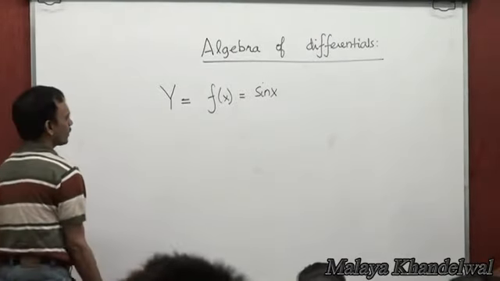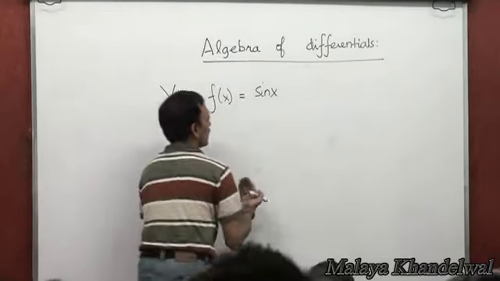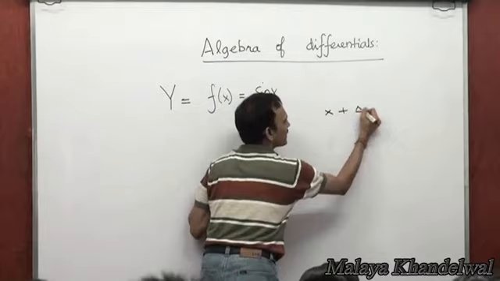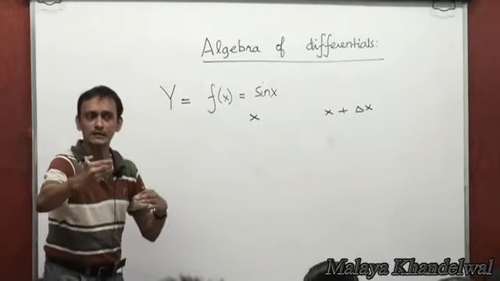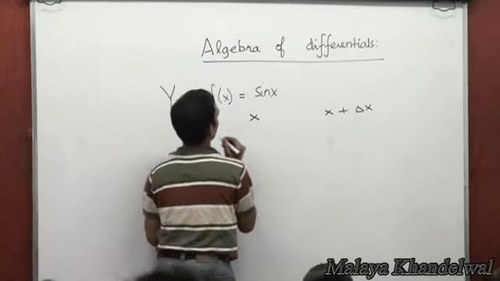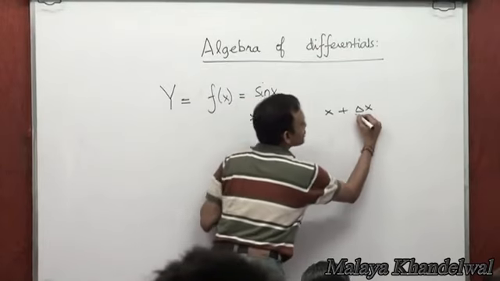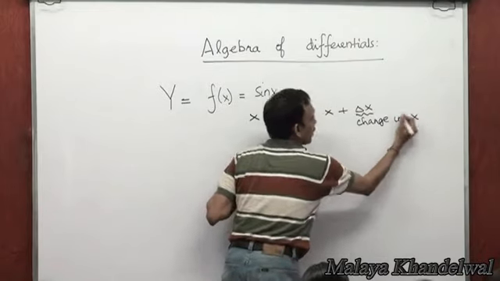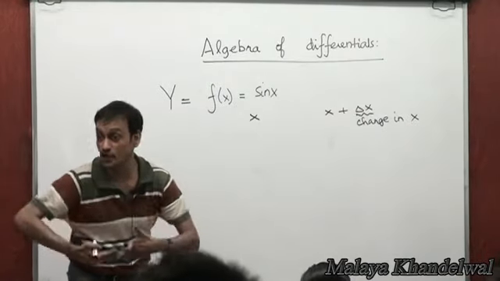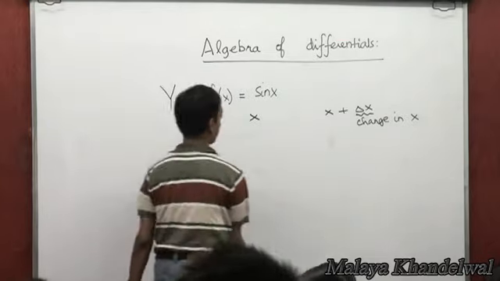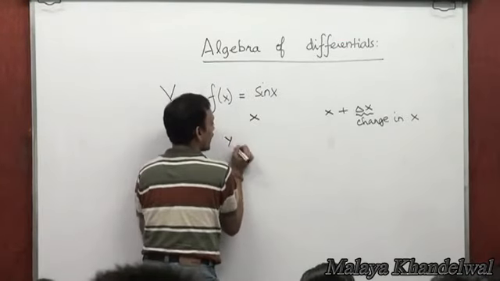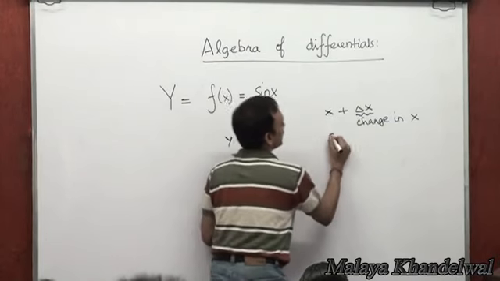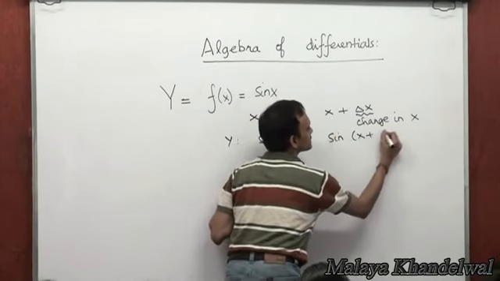What we did was, we allowed x to grow from x to x plus delta x. Then the change in x was this. However, this was a finite change in x. Now sin x, which is y, went from sin x to sin of x plus delta x.